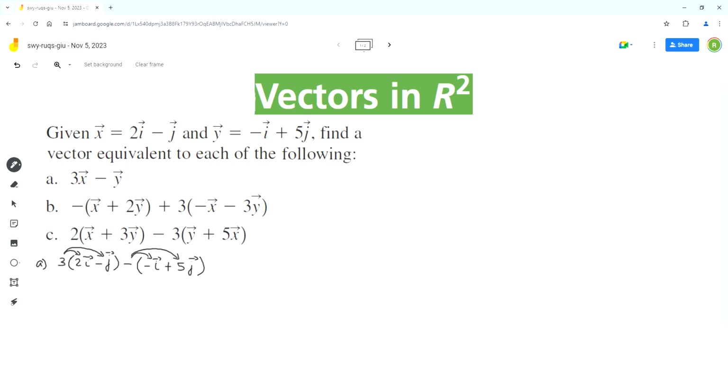So let's start with the first part. So 3 times 2 is 6. And then in the second part, negative 1 times negative 1 will be positive 1, but we don't write 1 as a coefficient.